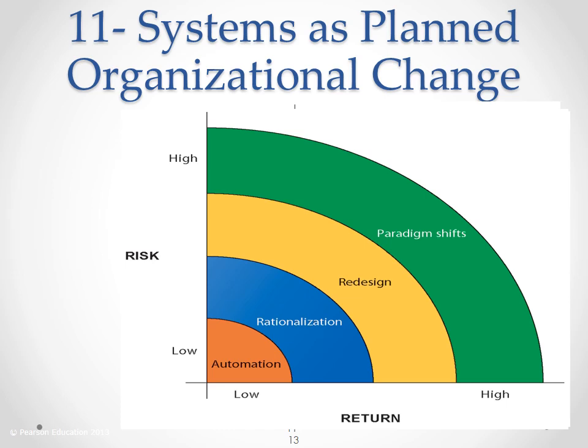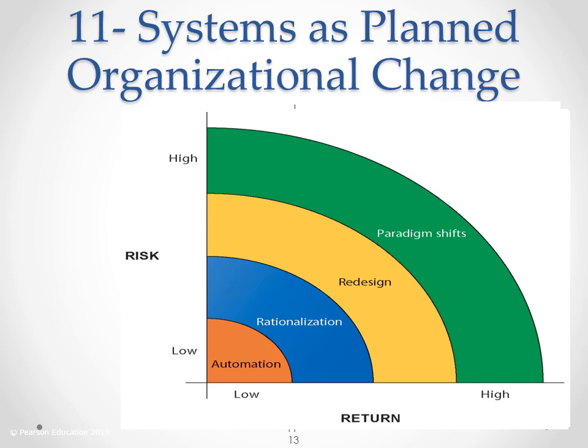The vertical one represents the degree of risk, and the horizontal one represents the return of the change, from low to high return. As I said, we have four changes: automation first, rationalization, redesign, and then paradigm shifts.